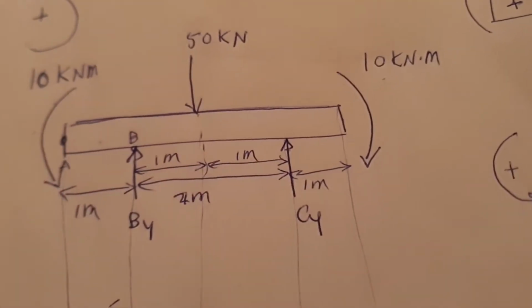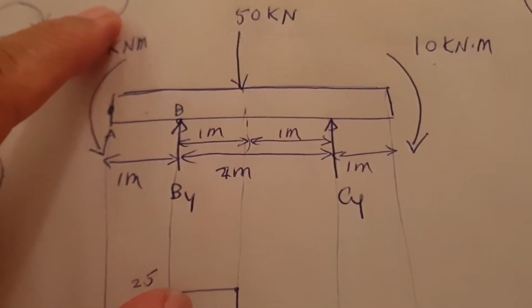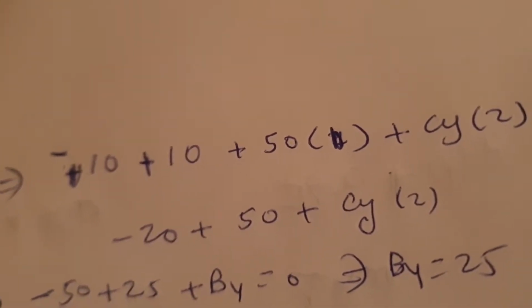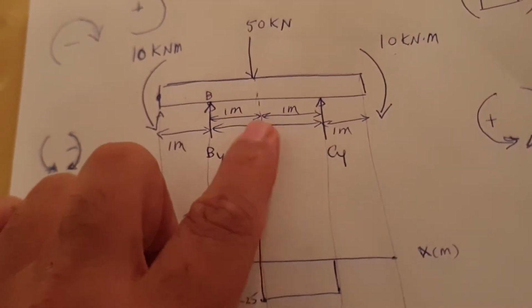They cancel out. Now, moment at B, this 50 will make it clockwise, so minus 50 times 1, and plus Cy times 2.